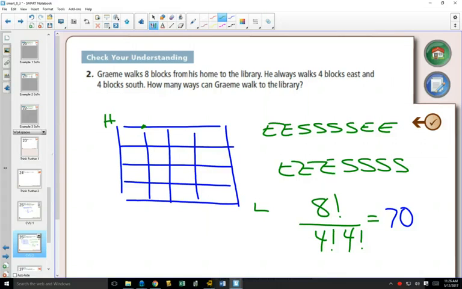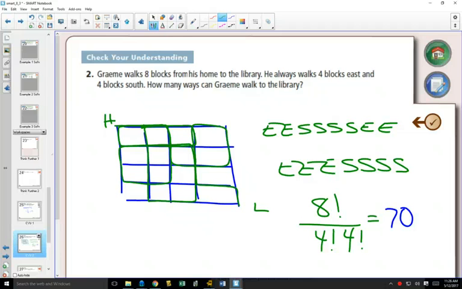And this is not one of the paths that he takes on the way to the library. Right, we are assuming that Graham is smart and he knows the direction he needs to go to get to the library, but he has 70 different options of the way to get here based on the streets that are there, right?